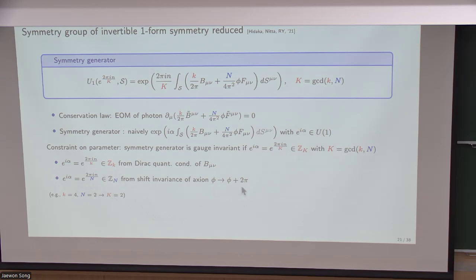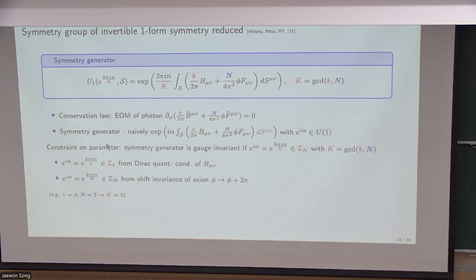Under the shift of the axion, we have the surface integral of f_μν. Since the surface integral of f_μν is the magnetic flux from the magnetic monopole, we have 2π times an integer, and so we arrive at this constraint.